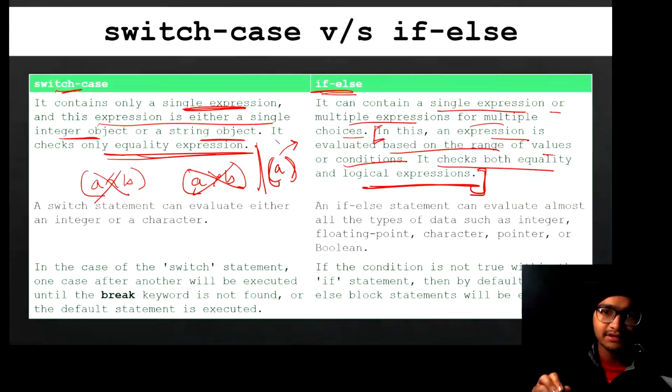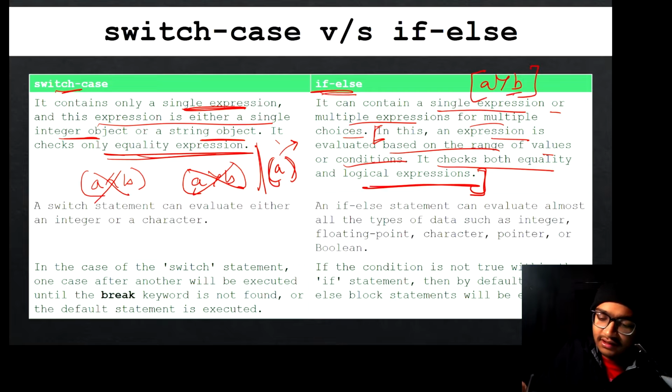We can check logical expressions like if A greater than B, this is the range, right? If A equal to B. These things are allowed in if else, but we can only compare equality in switch case. Okay, so in if else we can also check multiple conditions at the same point, which is not allowed in switch case.